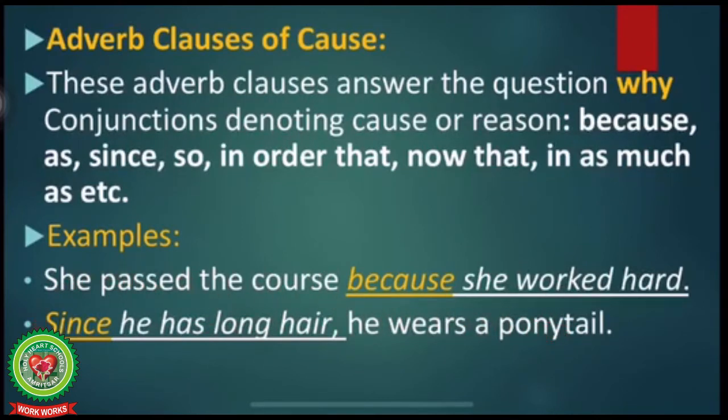Again, the subordinating conjunction is since, and since he has long hair is the subordinate clause, and he wears a ponytail is the principal clause. So again, you can ask the question, why does he wear a ponytail? The answer, since he has long hair, is the adverb clause of cause.